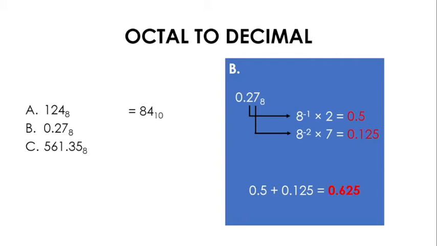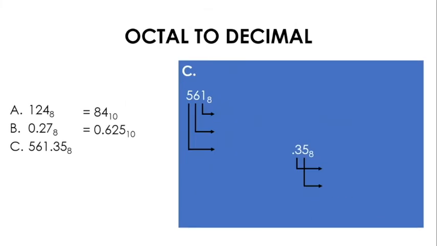For the next example, we will just combine the process we did from the previous examples. For the whole number, 561, we will start with the ones digit, and for the fractional part, we will start with the tenths digit.